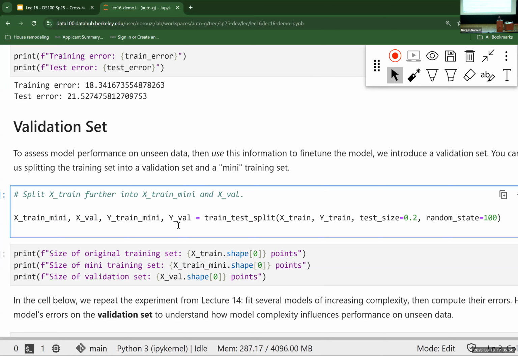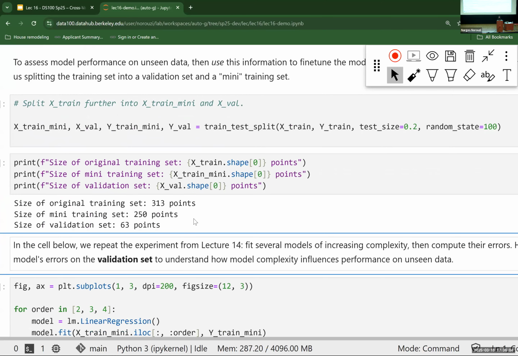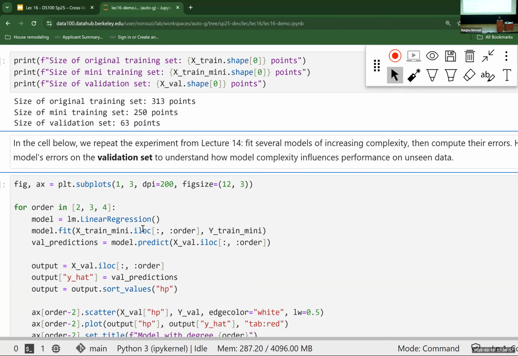So it's basically reusing the same thing, but now I'm splitting the training data, and my output is going to be x train mini and x validation and the corresponding labels, so I can do the analysis on them. So let's take a look. How many samples do I have now? I have 3 chunks. I have the original data set that's 313, the mini training data set that's like 250, and then I have a smaller set that's my validation set.